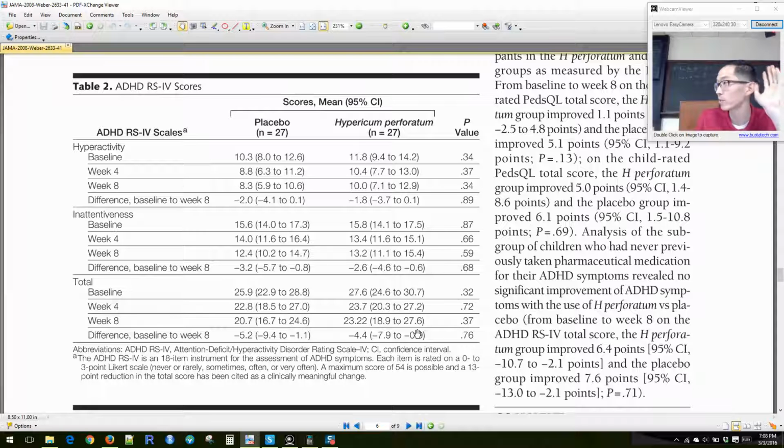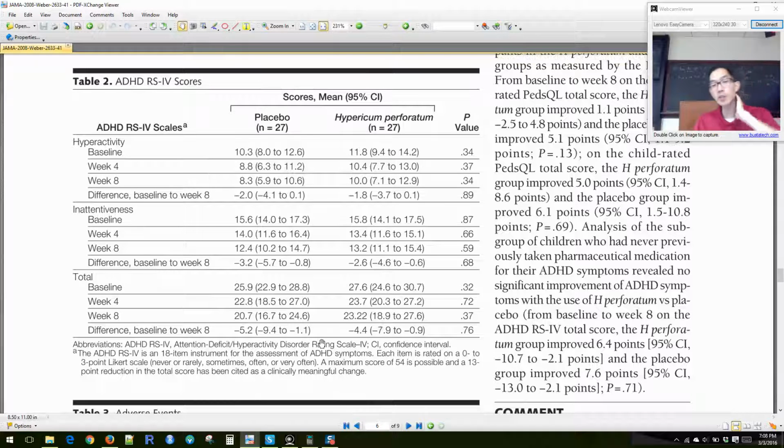So far, so good? Okay, but we look at this p-value, and then we get this thing of 0.76, right? So let's think about what our null and alternative hypotheses would be. The null hypothesis would be that placebo and St. John's wort, or H. perforatum, whatever that is, the placebo and treatment have the same effect, same effect between baseline to week 8.